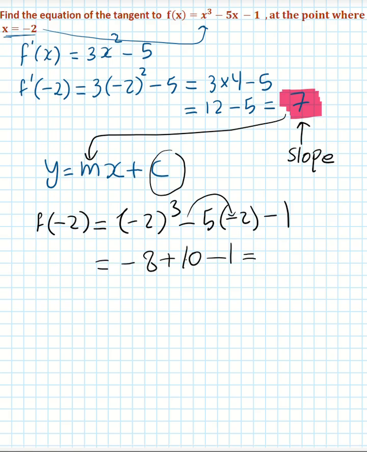So it's going to be minus 8 plus 10 minus 1, which is 10 minus 9, which is equal to 1. So therefore the coordinates of the point is minus 2 and 1.